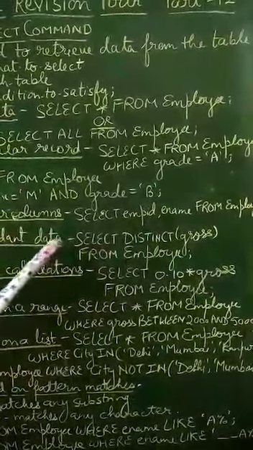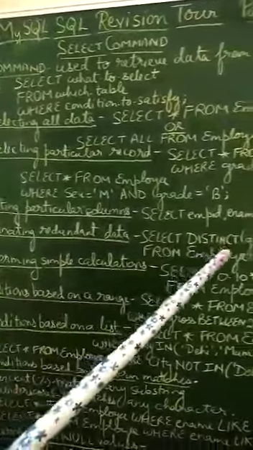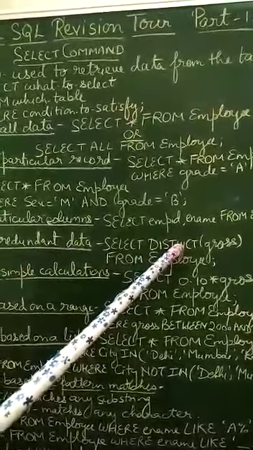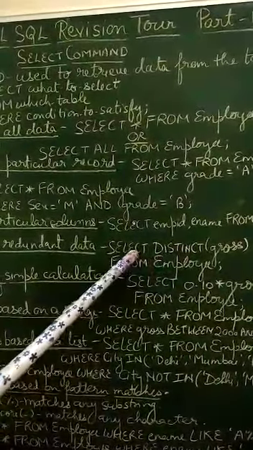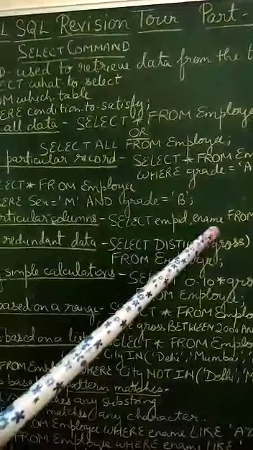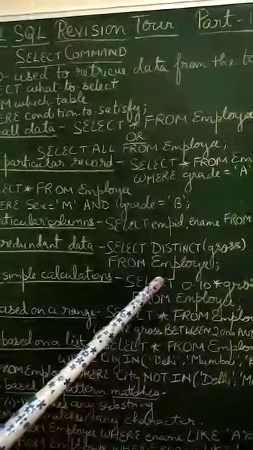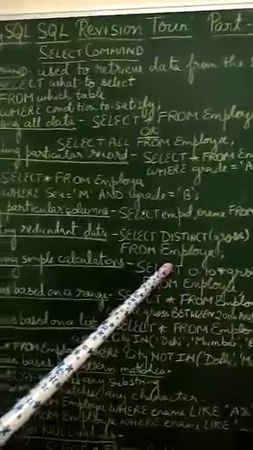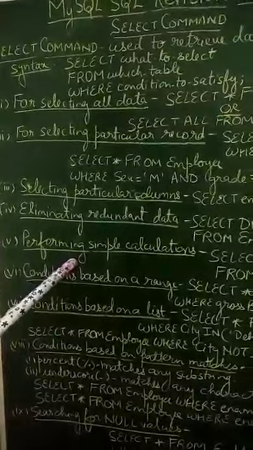For example, suppose you want to display distinct gross from the employee table, then you can give the command as select distinct, in brackets you write gross, from employee. Is that clear, children?